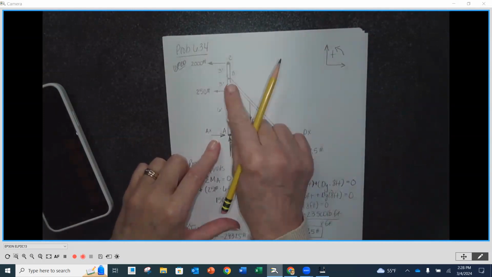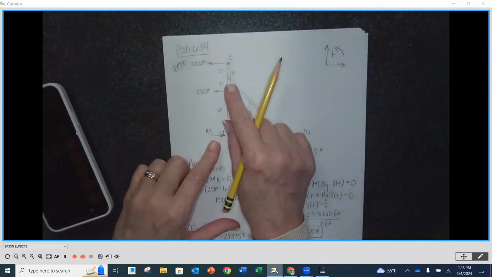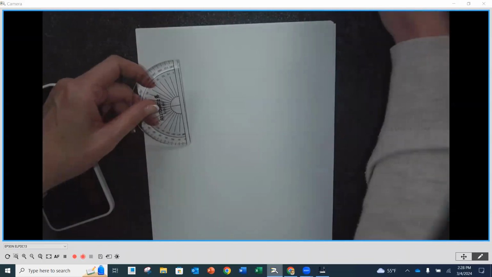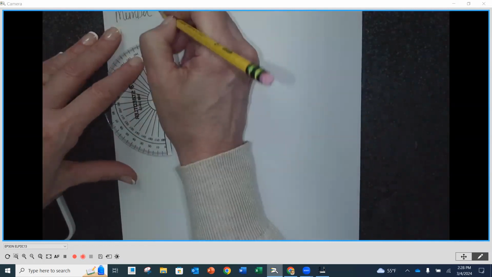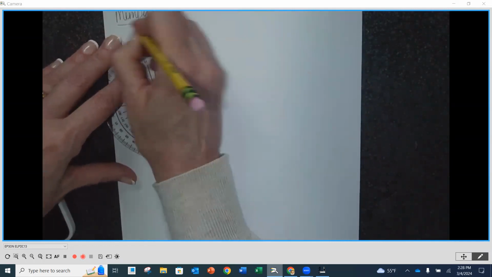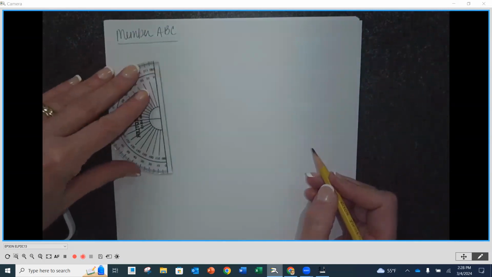And then at B, this is an internal pin, so again, an X and a Y there as well. So on my next page, I'm going to draw the free body diagram of member A, B, C.